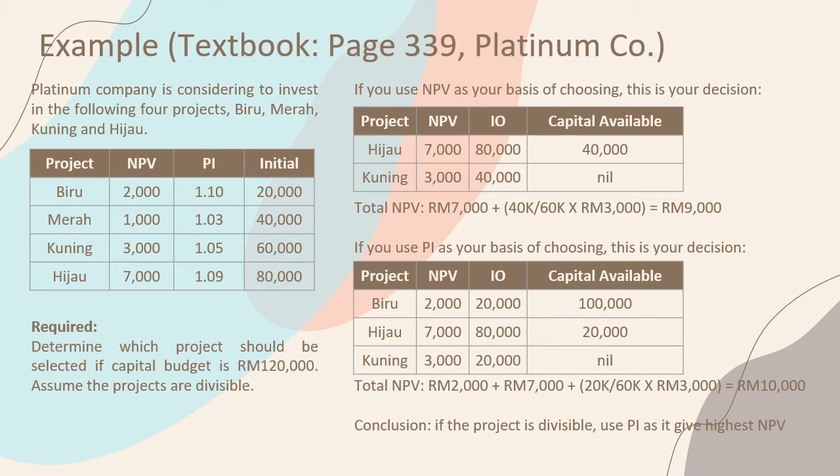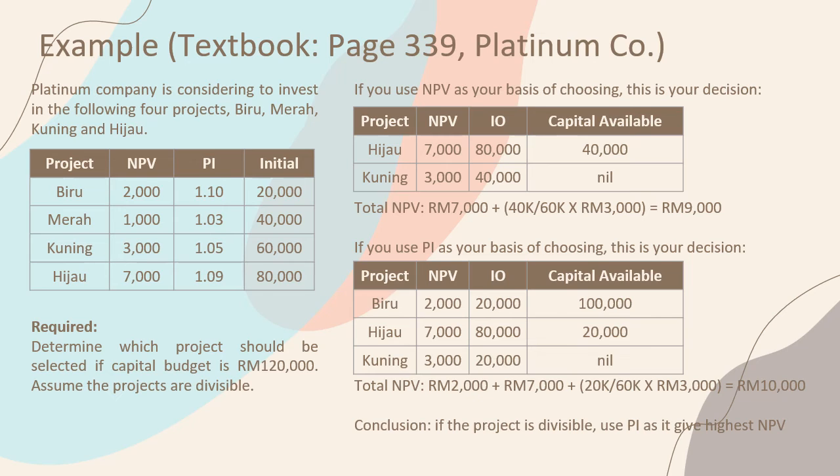Okay, so again, I take an example from the textbook, page 339, Platinum Company. Platinum Company is considering investing in the following four projects: biru, merah, kuning, and hijau. We have calculated the NPV for each of the projects, as well as the profitability index for each, and these are the initial outlays required to invest in each project. The requirement here says: determine which projects should be selected if the capital budget is only 120,000 and the projects are divisible.